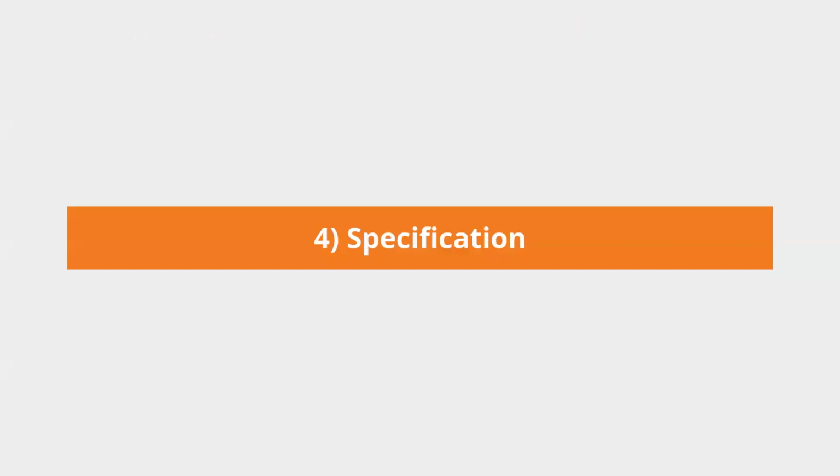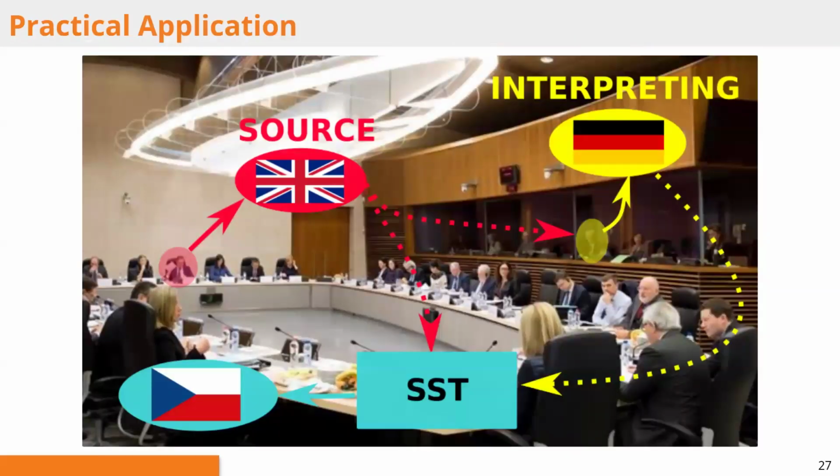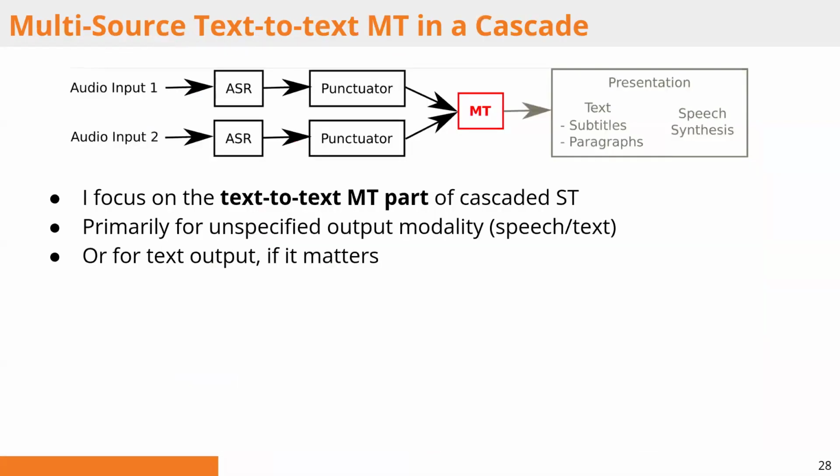And now I will talk about the specification, what I focused on in my research. So I already talked that this is the practical setup that we aim to create the application for. I focus primarily on the text-to-text machine translation part in a cascaded speech translation.